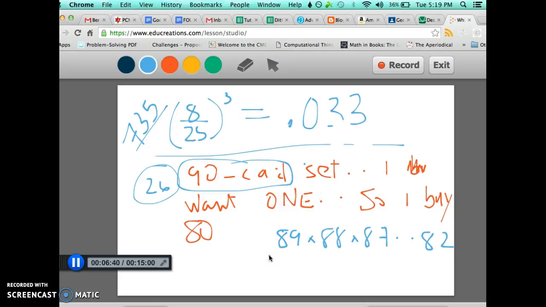Or in other words, 89 C 8. And then the total possibilities are 90 C 8. So this fraction here is my chances of not getting the card in a single pack.